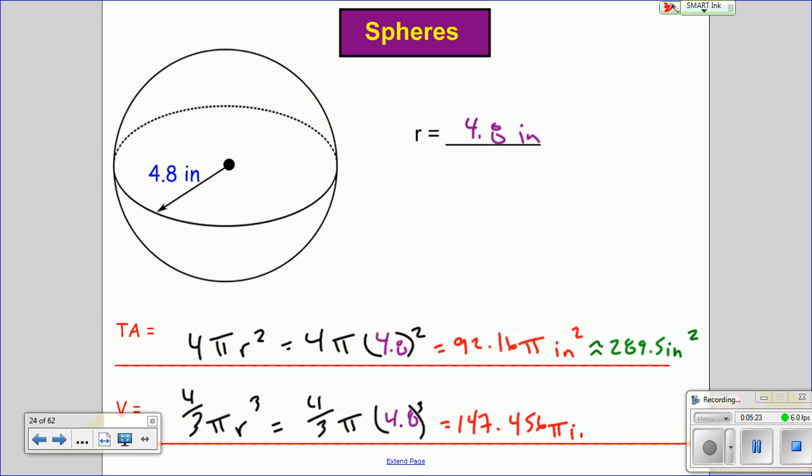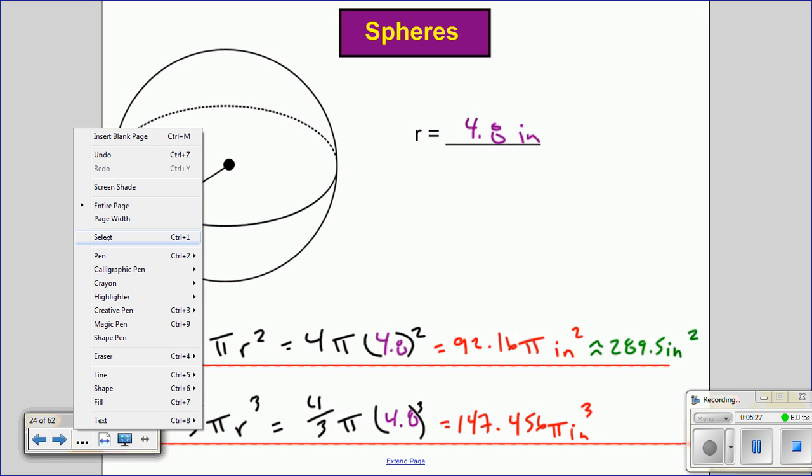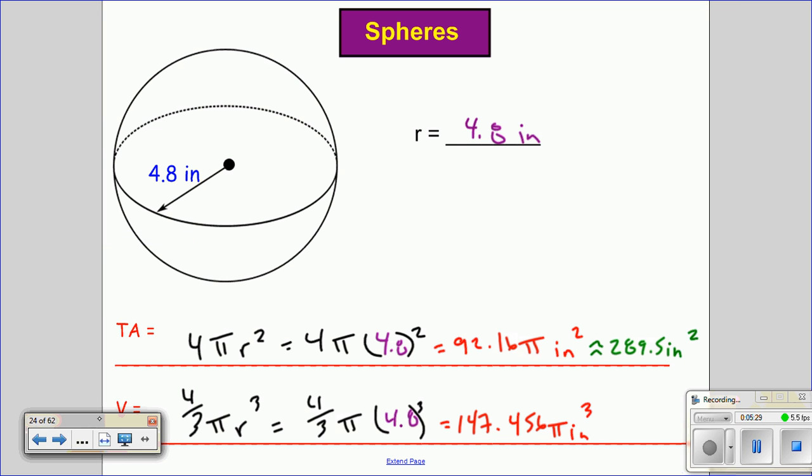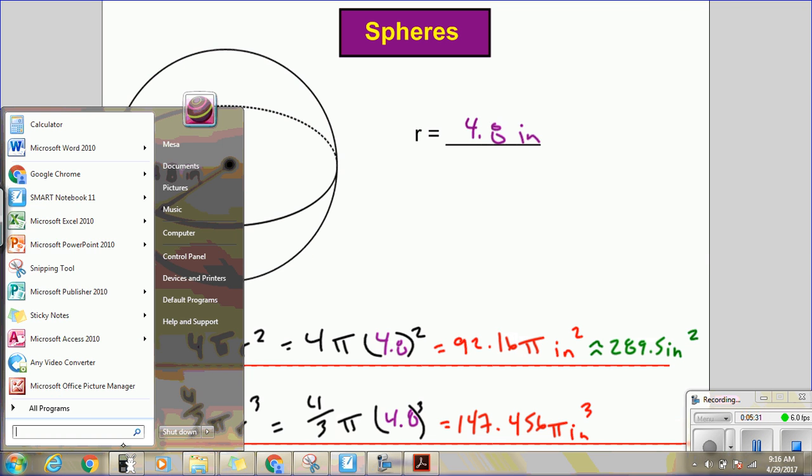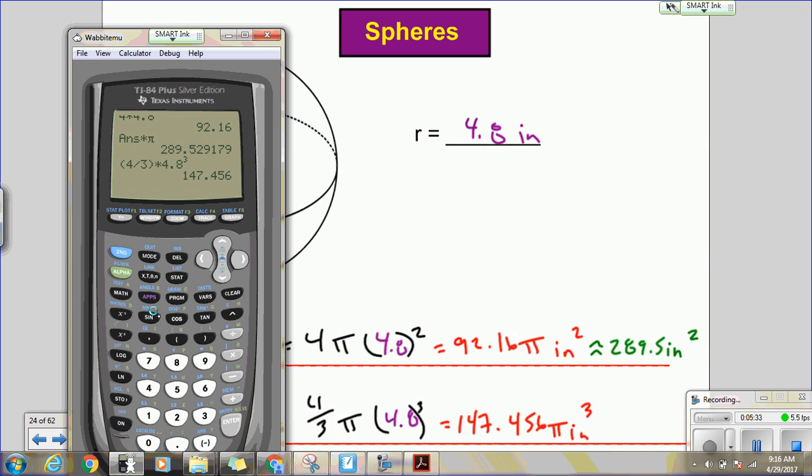147.456 pi inches cubed. And now to get my approximated, I take the answer I just received and multiply it by pi now.